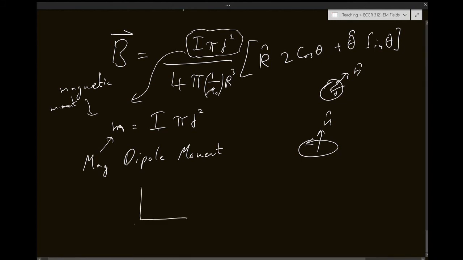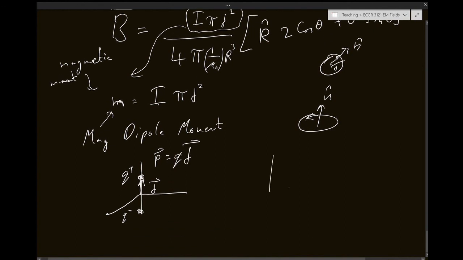So if we take the analogy, we have two charges, Q plus and Q minus, with d between them, right? And then p equals Qd, right? The analogy here is that for the current loop, the magnetic dipole moment m is going to be pointing in this direction, and its magnitude is just going to be equal to I times ds.